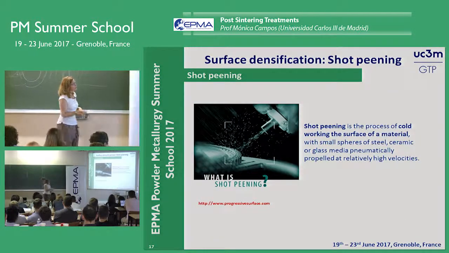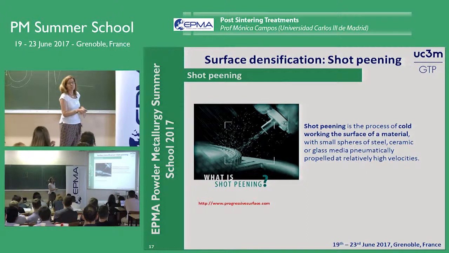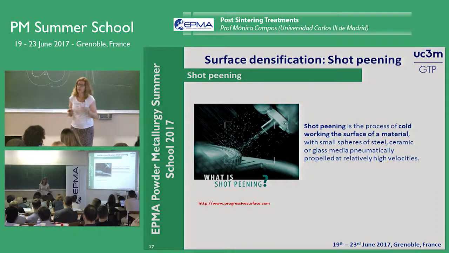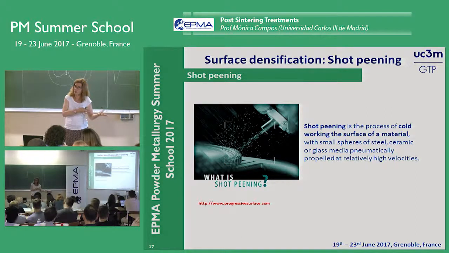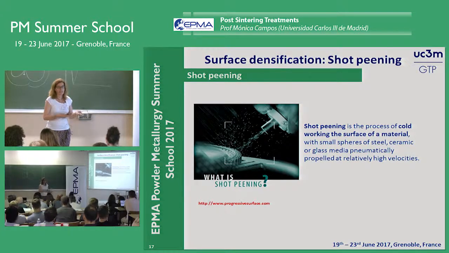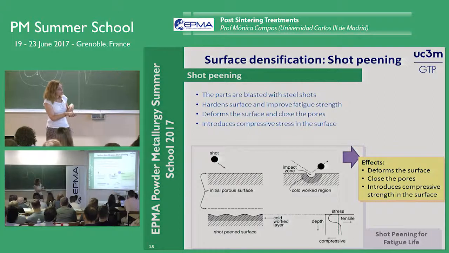In shot peening, we are going to project some shot made of steel or ceramics, depending on the hardness of the component. Then we need to choose a proper shot material with different pressure, and then we are going to deform plastically the surface.